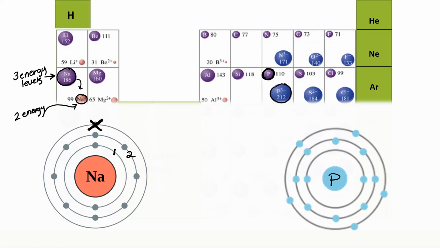When phosphorus becomes an ion, remember we said they have 5 valence electrons, which means it is going to want to gain 3 electrons. So let's look, what is the difference between our neutral phosphorus and the phosphorus that we have here, which is our ion? The only difference is that this phosphorus has more electrons.